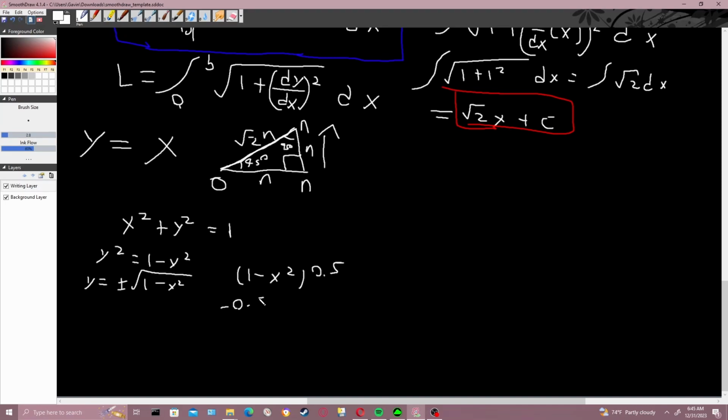Okay. 1 minus x squared times negative 2x, negative 0.5. And it should end up being x over the square root of 1 minus x squared. I'm pretty sure the derivative of that is x over the square root of 1 minus x squared.